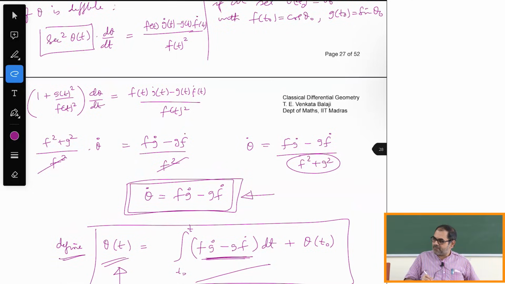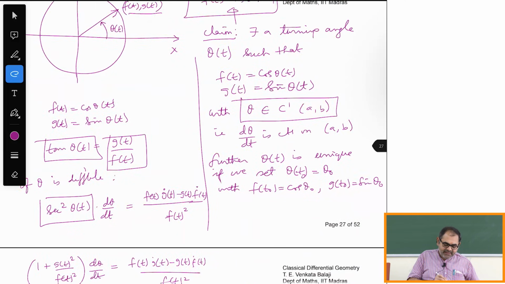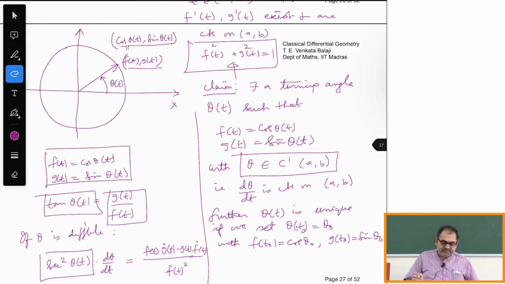Now what is the catch here? The catch is you have to say that if you define theta like this, it agrees with the geometric diagram. The way we got to this theta was from this formula for theta dot, and for that the starting point was f of t was cos theta t and g of t was sin theta t.